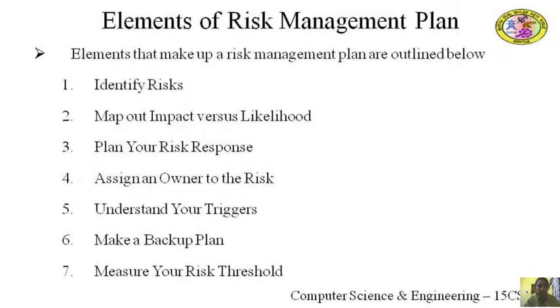Now let us understand different elements of a risk management plan. There are typically a handful of elements that make up a risk management plan, and they are outlined below. First, identify risks.